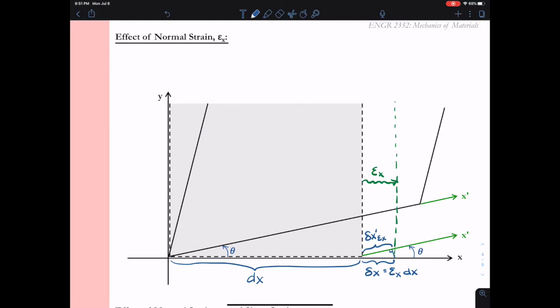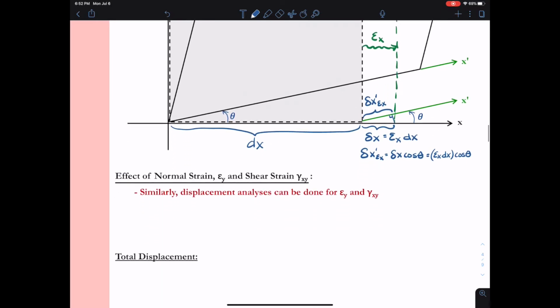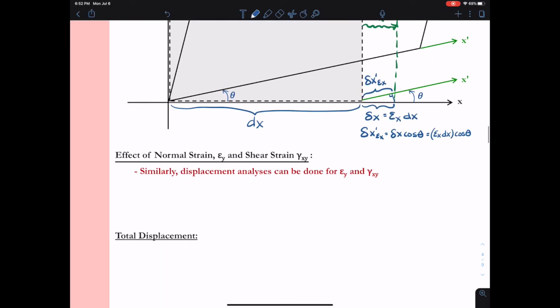With the angle, and recognizing that delta x is my hypotenuse in this case, the component in the x prime direction due to epsilon x is going to be delta x cosine theta. Substituting for delta x, this is epsilon x dx cosine theta. I can repeat the same process solving for delta x prime when I have a strain epsilon y applied to the block and a strain gamma xy applied to the block.